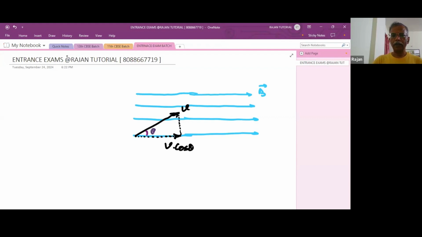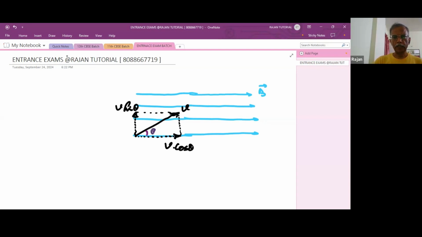Otherwise also, if you take the right angle triangle and apply trigonometry, you will get this. And perpendicular to the B, the other side components, this is your component in the y direction, and this will be your V sine theta.